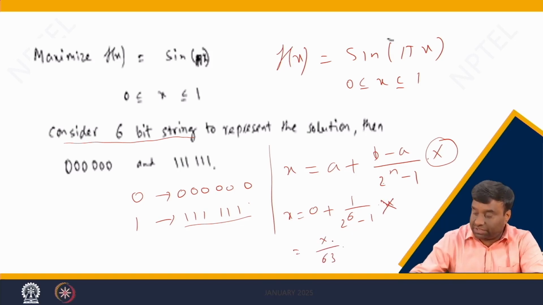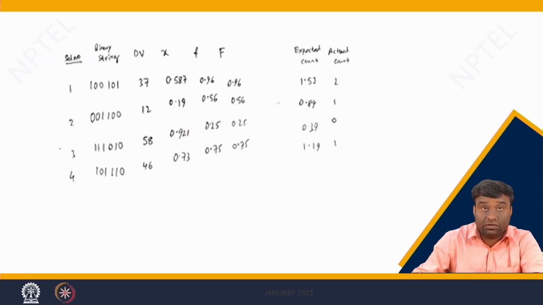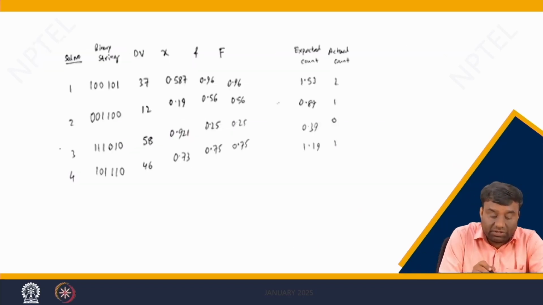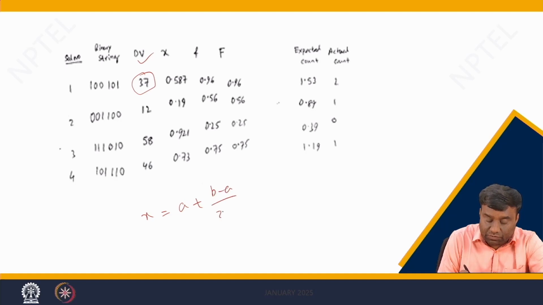So let's try to find some initial solutions. Here we assume the binary string 100101. Its decimal value, that is DV, is 37. Now the corresponding x, as I said, will be a plus (b minus a) by (2 to the power n minus 1) into the decimal value. So here x is 0 plus 1 by 63 into 37.